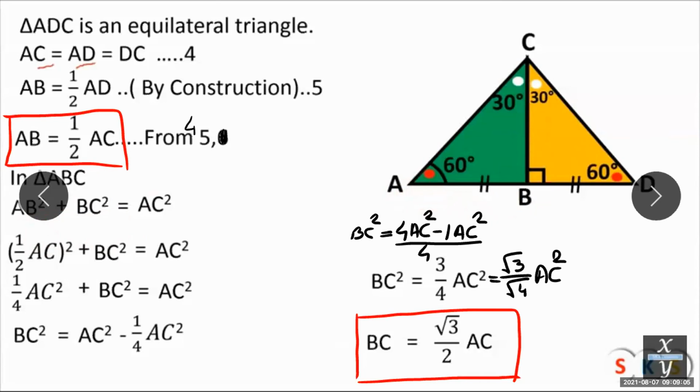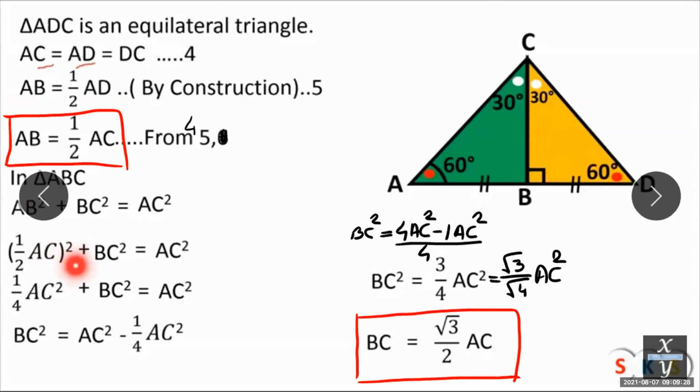Now we know the value of AB, that AB is half of AC. Now for this AB, I put the value half AC, and as AB square, so also that square.